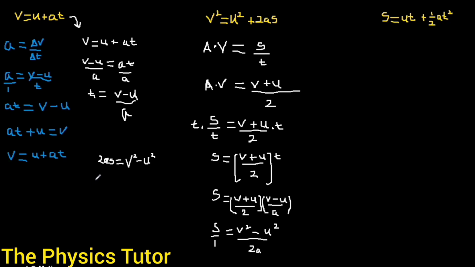Therefore, 2as plus u square is equals to v square.